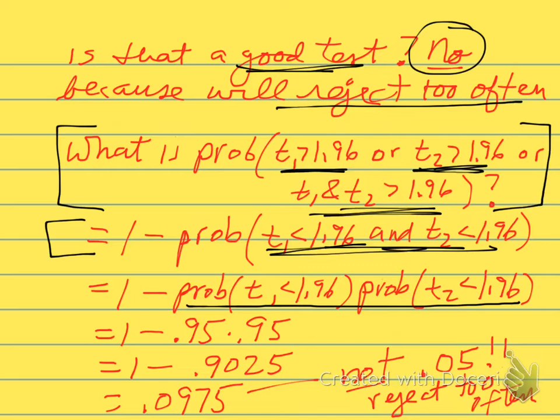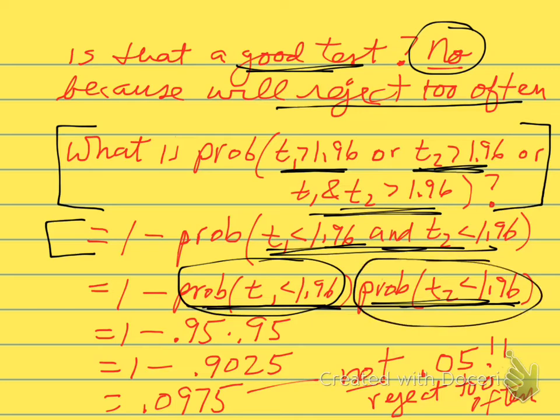So if we assume that those t-statistics on the two coefficients are independent, then the probability that they're both less than 1.96 is just the probability that one is less than 1.96 times the probability that the other is less than 1.96. So we already know from our knowledge of the t-statistic that the probability that it's less than 1.96 in absolute value is 0.95.